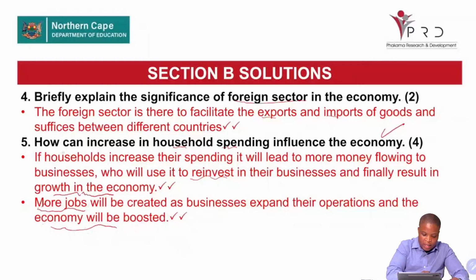Remember, the question is what? How can an increase in household spending influence the economy? Also, household spending increasing means more taxation for the government. Then the government can use their money to improve infrastructure, creating more jobs and also more development for us.